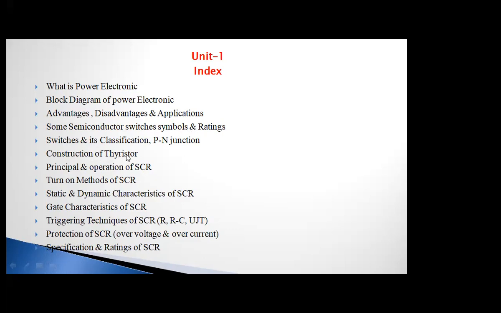Then construction of thyristor, principle and operation of SCR, turn-on methods, static and dynamic characteristics, gate characteristics, triggering techniques, protection, and specification and ratings of SCR. So from this content, the first unit is totally based on the SCR.